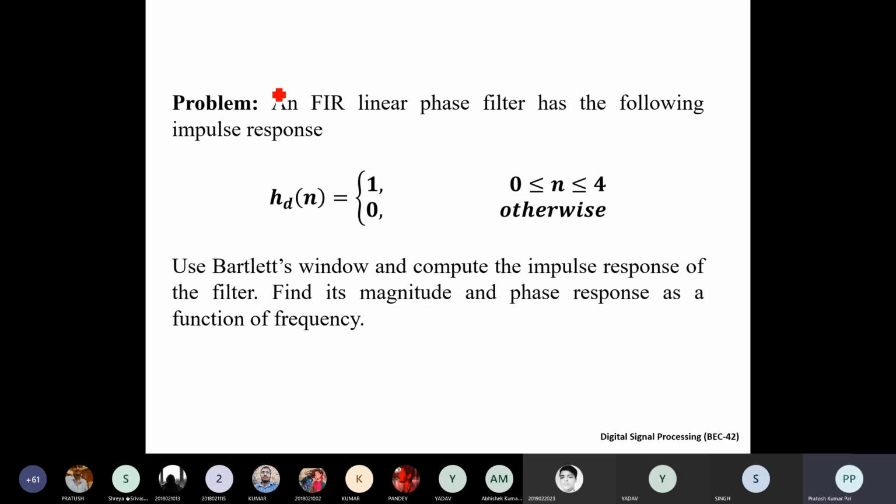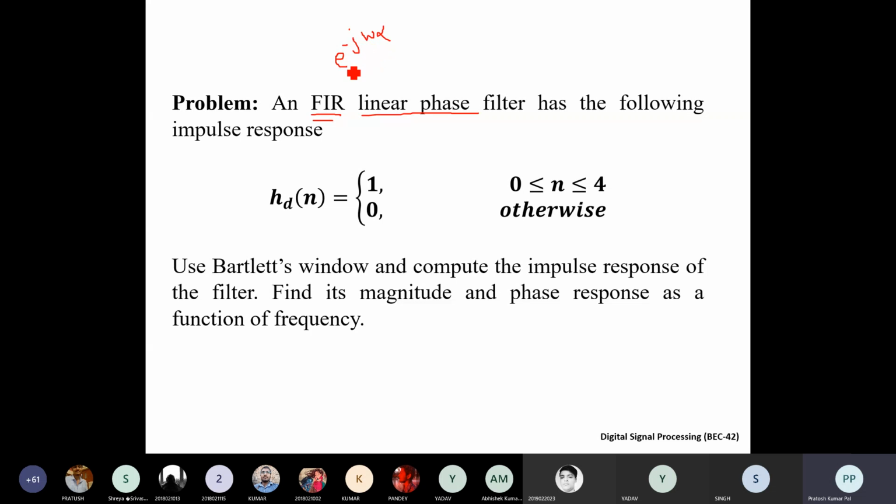Suppose it is given an FIR linear phase filter. Whatever filters we are going to design will basically be linear phase systems. Linear phase means the response will have a factor of the form e to the power minus j omega alpha.